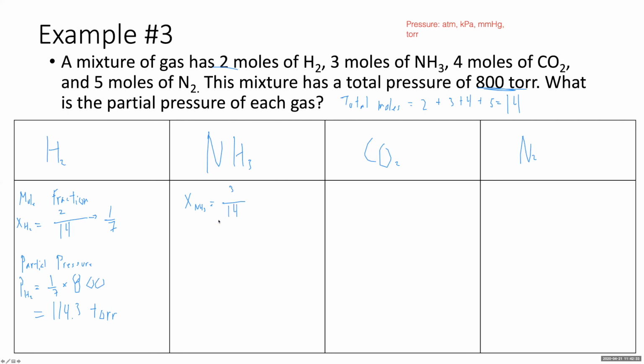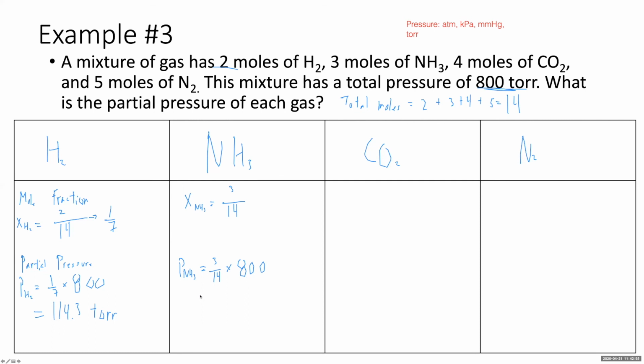We can't reduce that, so we go on to find the partial pressure. The partial pressure of ammonia is 3/14 multiplied by 800 torr.